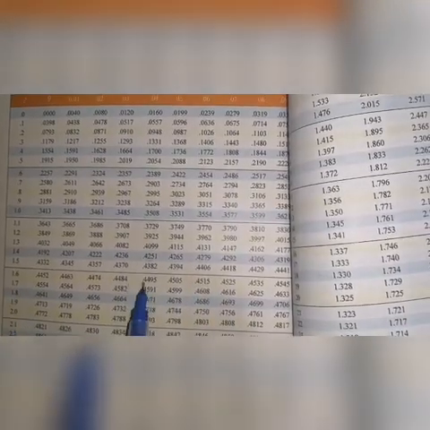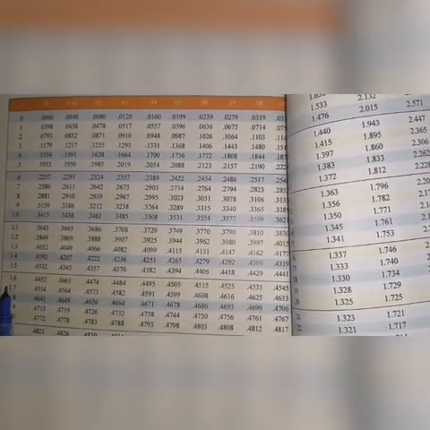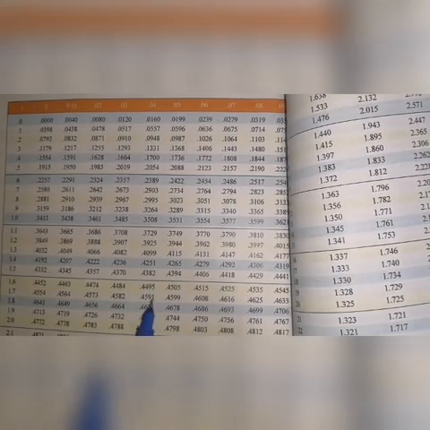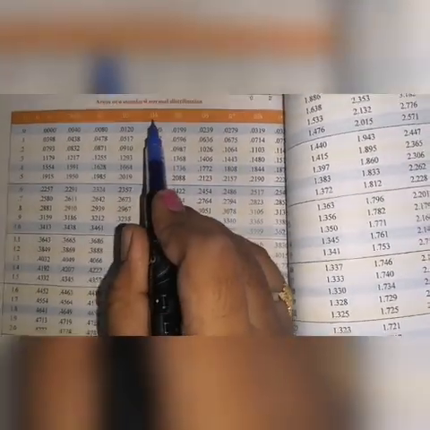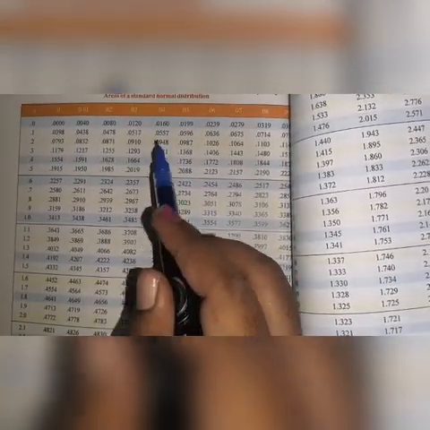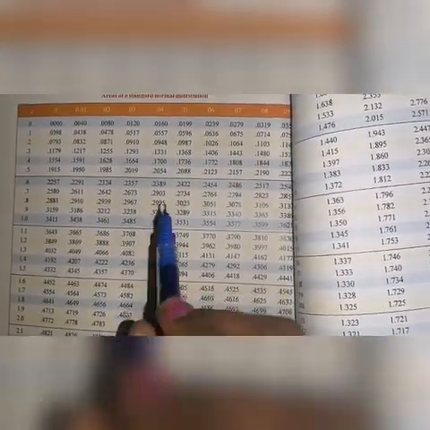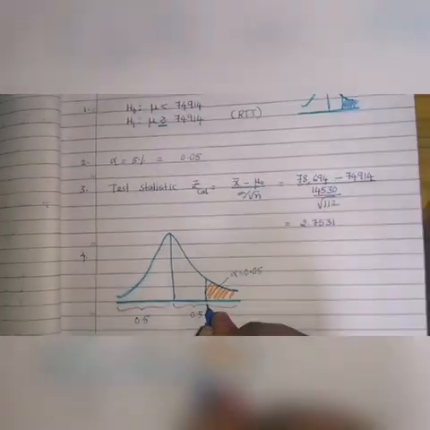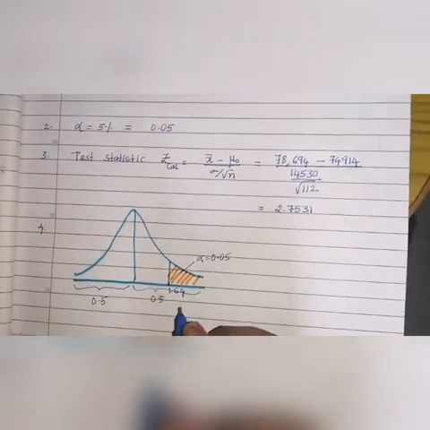If you see, 1.6 is towards your left hand side, and on the top the corresponding value here is 0.04. So 1.6 plus 0.04 is 1.64. That is how we get the border. So this point is 1.64.